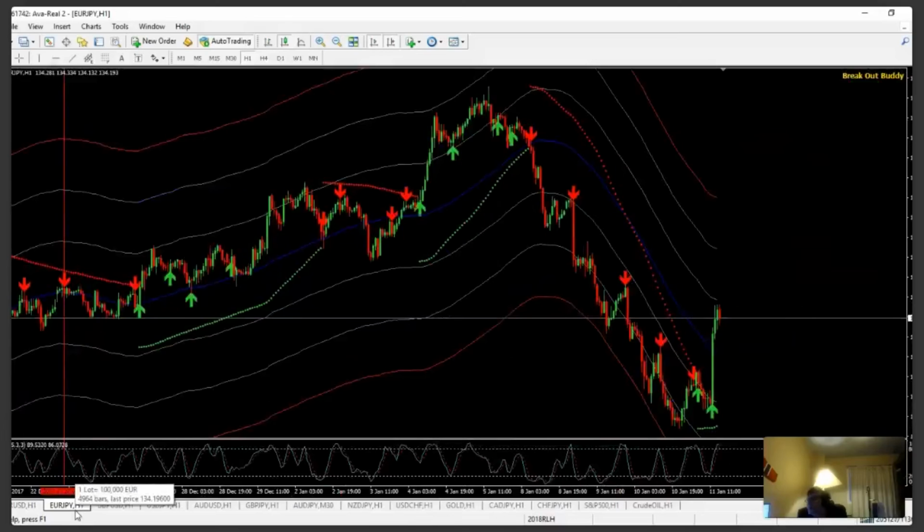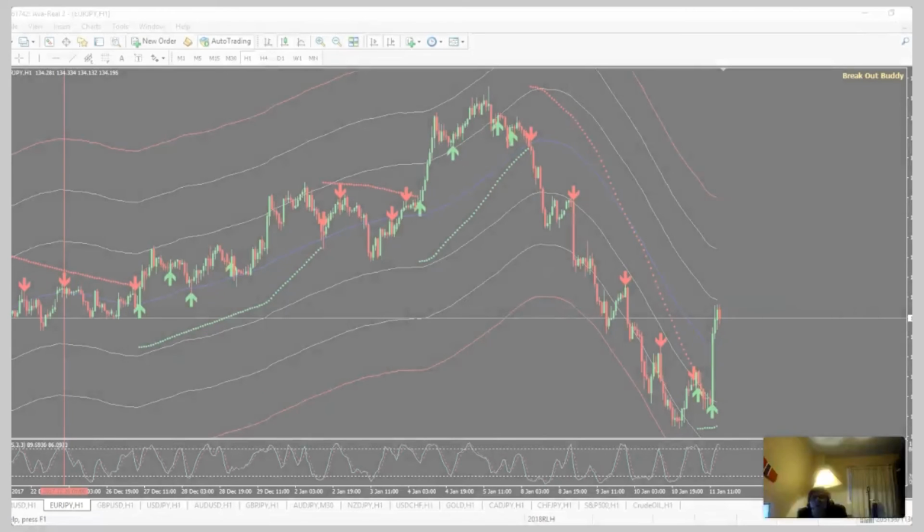Wow. Another big move up. This one was tradable too. It's had a strong trend down, as you can see here. There's one leg, two legs, three legs. I'm just going to turn that whiteboard on.